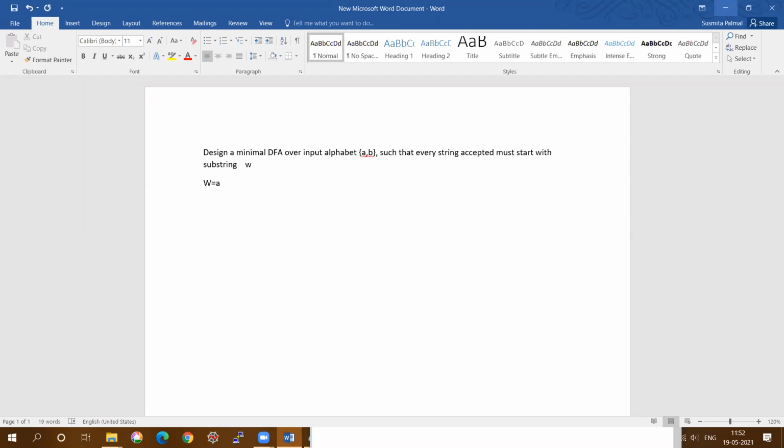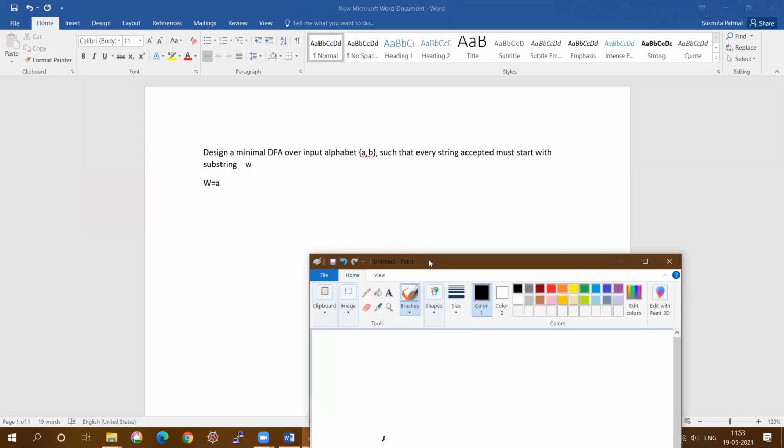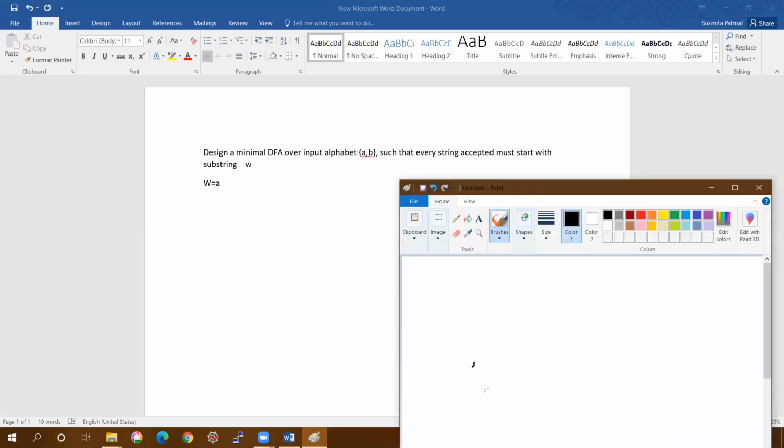Minimal DFA means it has minimum number of states. A DFA may have many states, but here it is asked that you have to design a DFA which has the minimum number of states, with the least number of states.